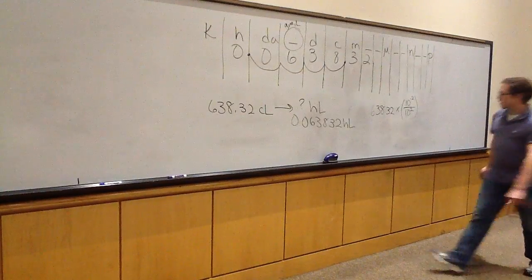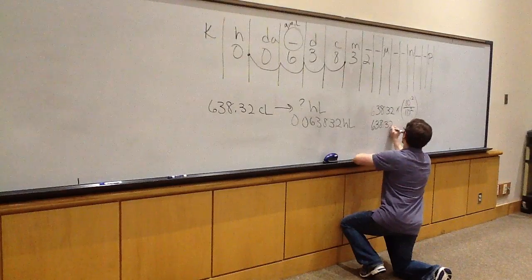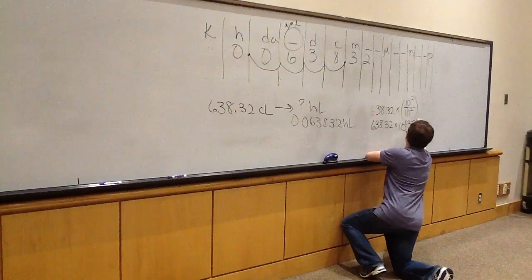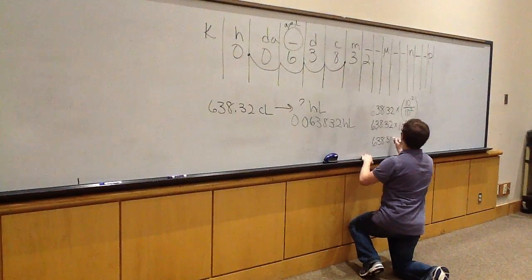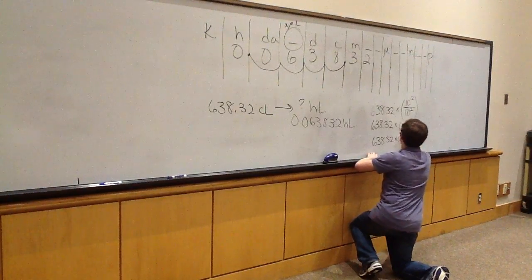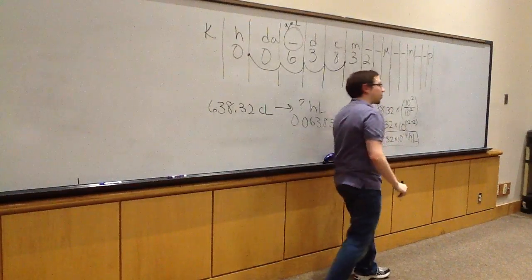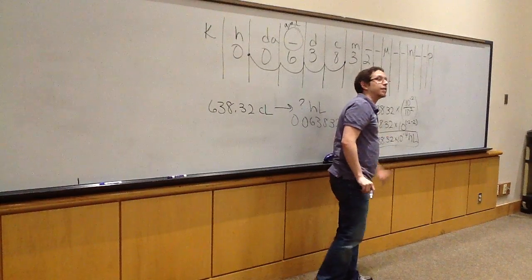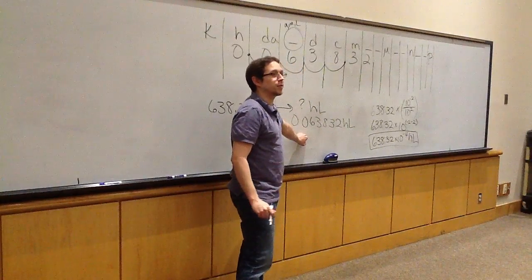And this is the same thing as 638.32 times 10 to the negative 2 minus 2, which is the same as 638.32 times 10 to the negative 4 hectoliters. If you were to multiply this out, your decimal would move over 4 spaces, which means you'd have 0.063832 hectoliters, which is exactly what we got using the visual technique.